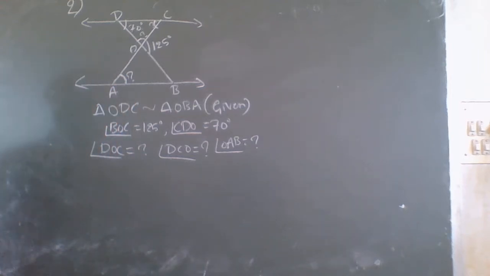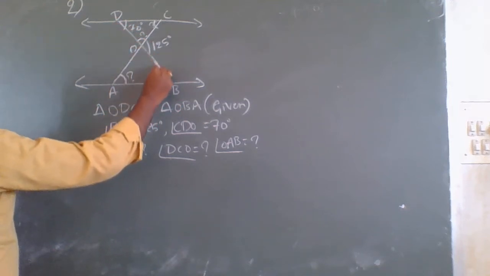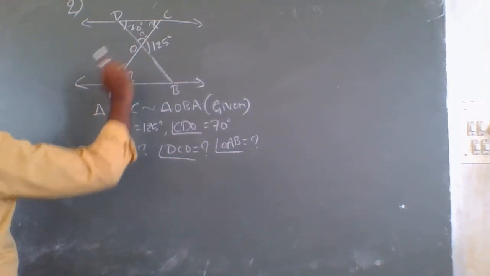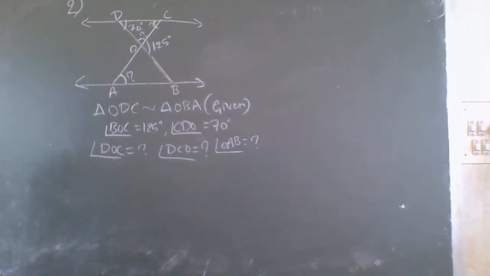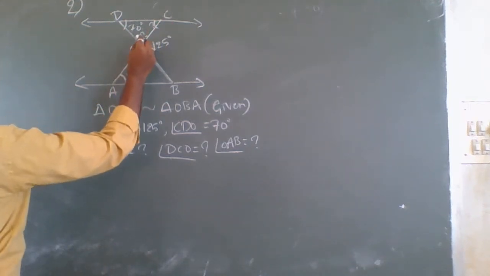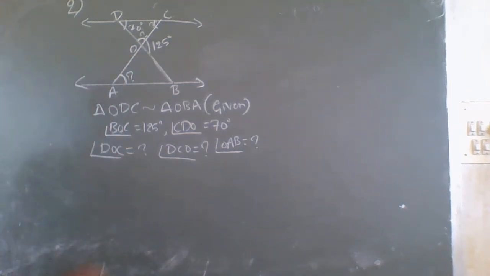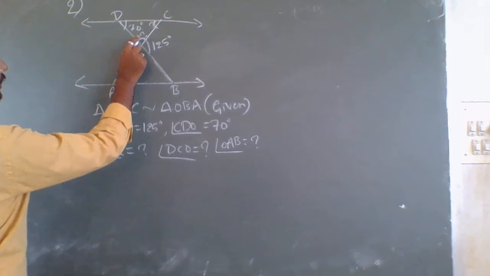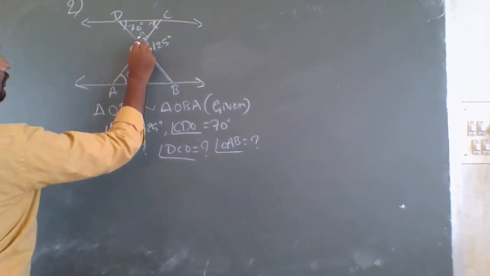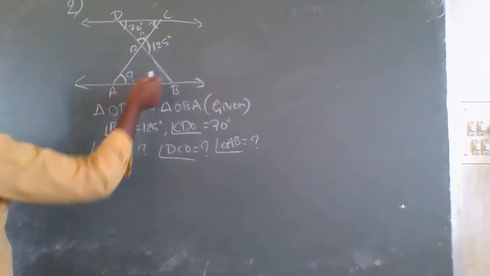Now, here this is a straight line, and it has two angles. One angle is 125 degree. By using this, we can calculate this angle, because these two angles, 125 degree and angle BOC, are linear pairs, as they are on the same line.